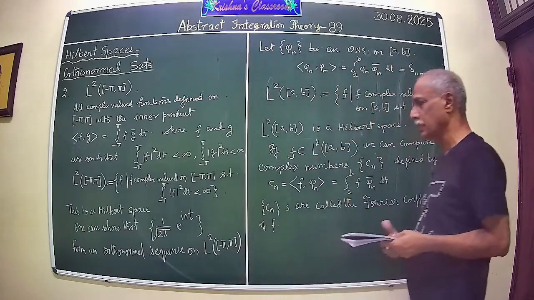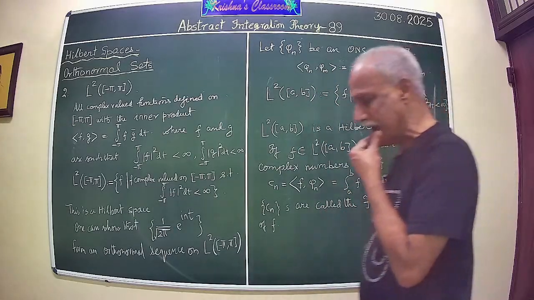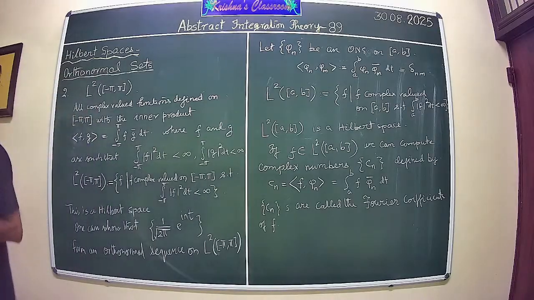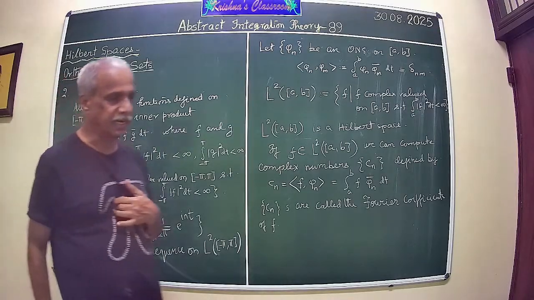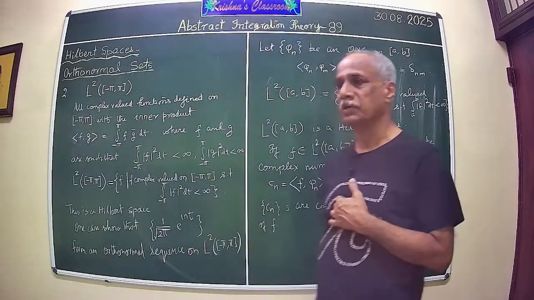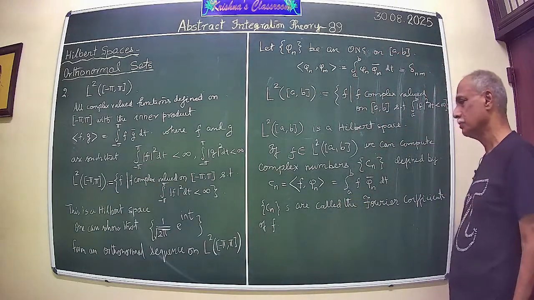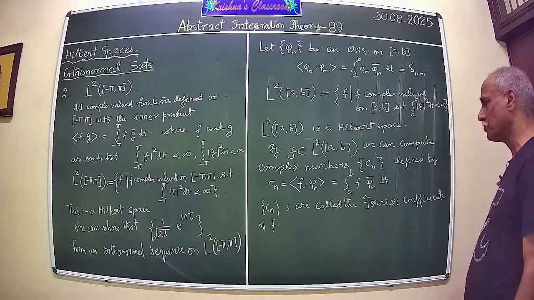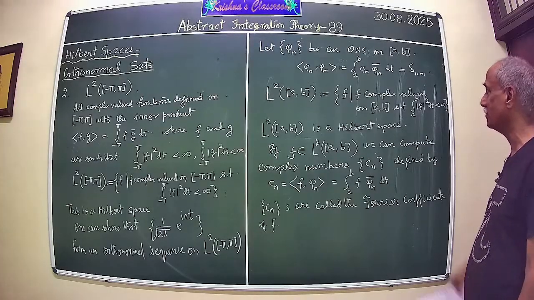Now this is of course from the classical work of Fourier, trying to expand an arbitrary function in terms of a sequence of rather nice functions. Okay, now you can see that these are all nice functions.